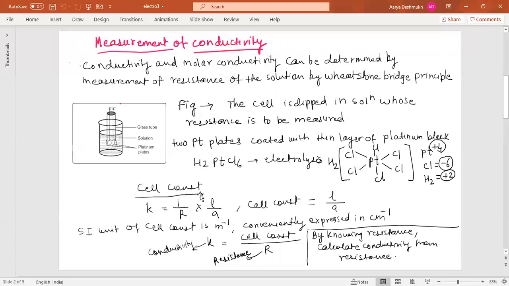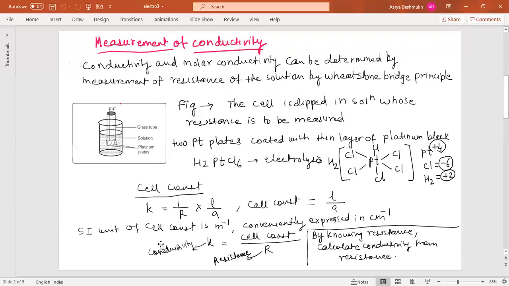Now, to find the conductivity, you need to know the cell constant, that is, the length and the cross-sectional area of the conductor. The cell constant is denoted by L upon A, and the SI unit of cell constant is meter inverse, conveniently expressed in centimeter inverse. The conductivity, small k, is equal to the cell constant divided by R. We know that conductivity is the reciprocal of resistance multiplied by the cell constant, where L upon A is the cell constant.